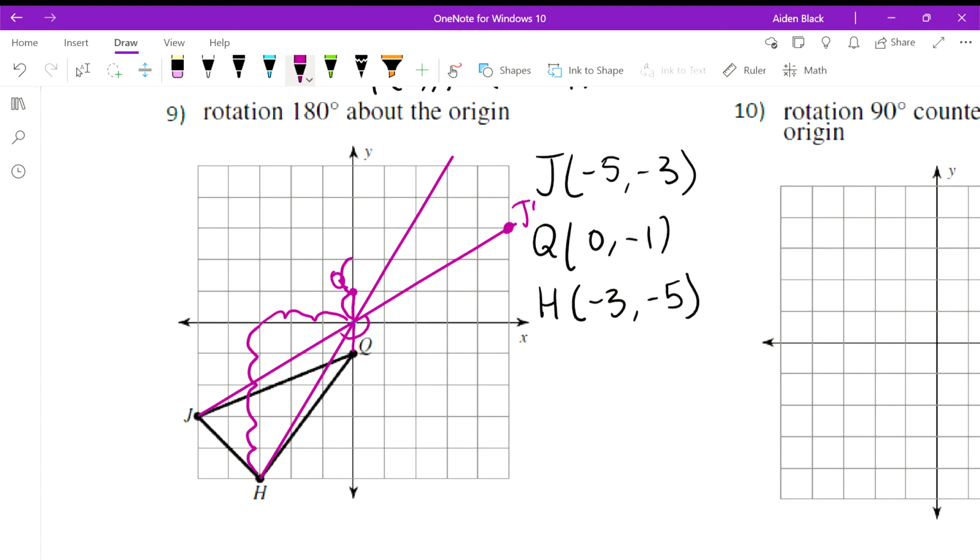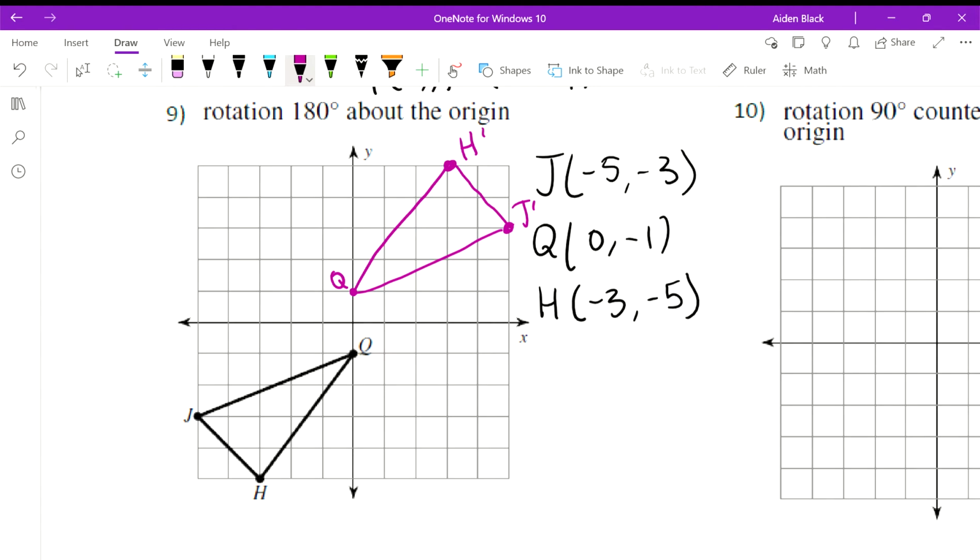So go 1, 2, 3, 4, 5 up, and 1, 2, 3 over. And there's our point H prime. Here's a 180 degree rotation.